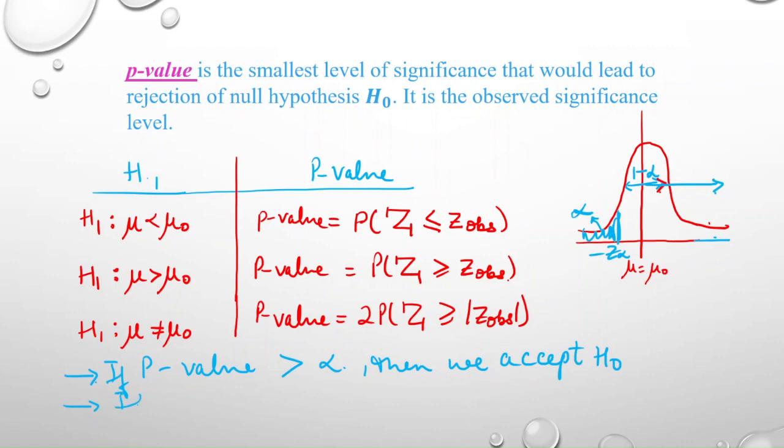Whereas if the p value is less than alpha, then we reject our H naught. If the p value is less than alpha, it means it is lying in the rejection area. So obviously we have to reject our H naught.